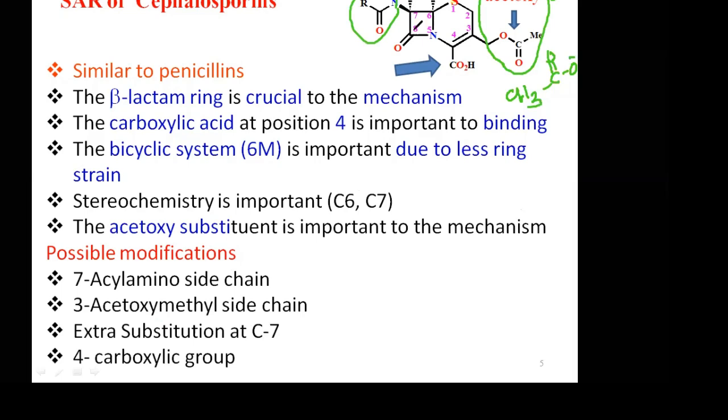Then there are some drugs which have an extra functional group at C7, and some drugs with carboxylic group modifications. So this is the SAR in one slide.